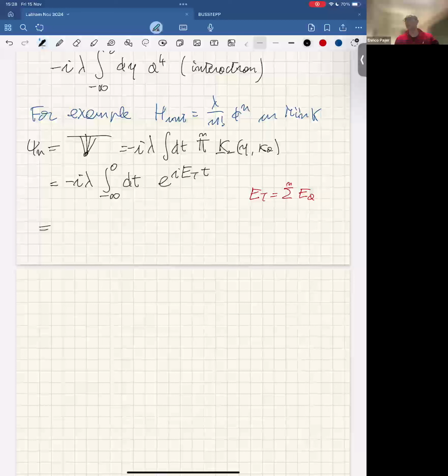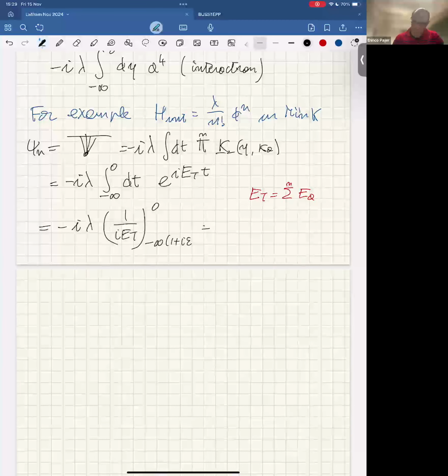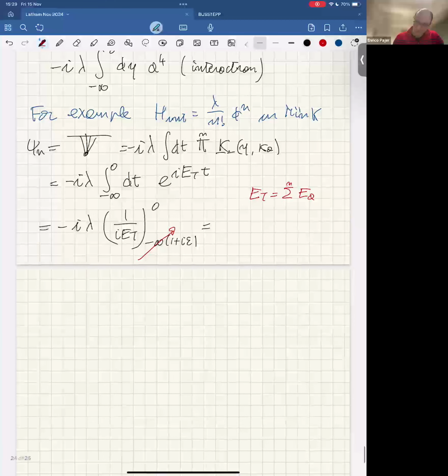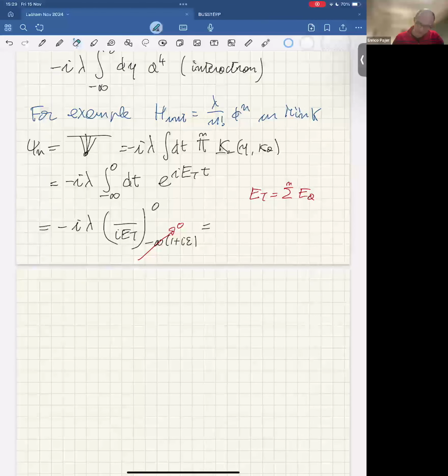Okay, this integral is very simple. It just gives you minus i lambda, 1 over i E total, evaluated from minus infinity, 1 plus i epsilon, and 0. The lower part of the boundary just gives me 0, and the upper part, oh sorry, there is the exponential, of course.